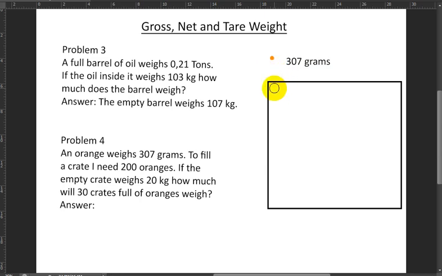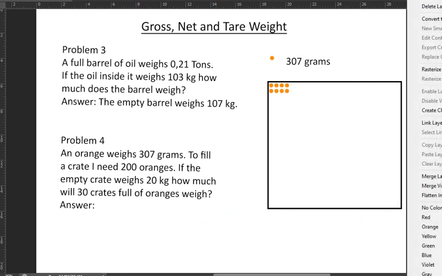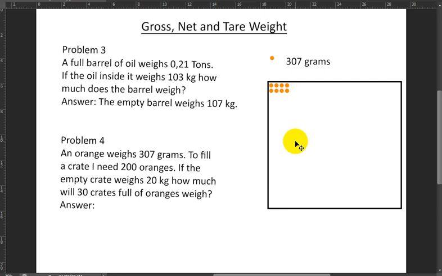And don't worry, this is going to go faster than this. See, now they're 4. Now they're 8. And now they're 16.